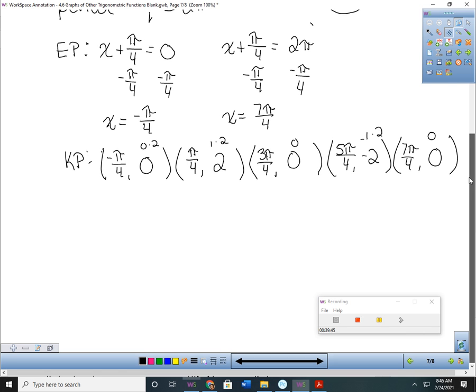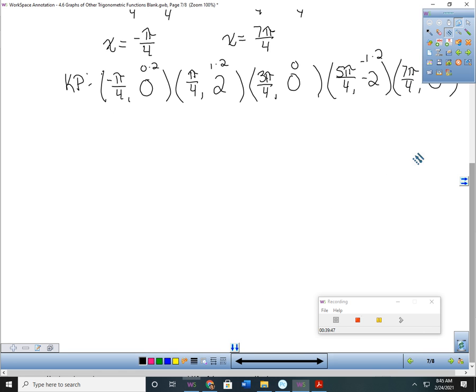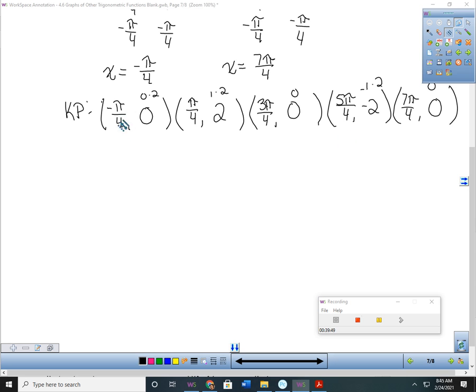Now, remember, you want to find a good value to count by. If you look at these, are all going by pi over 4s, right? So when you do your counting, count by pi over 4s.